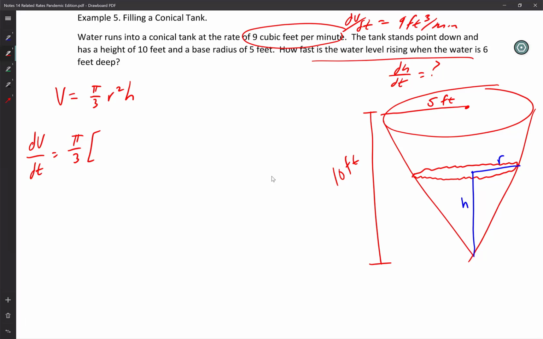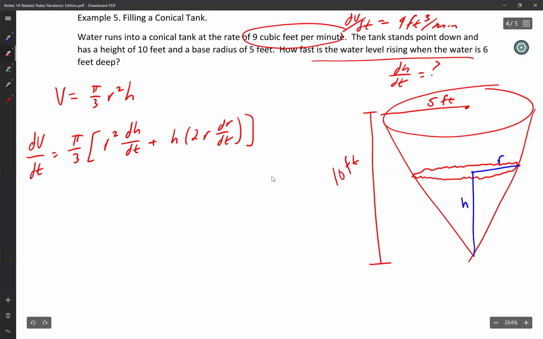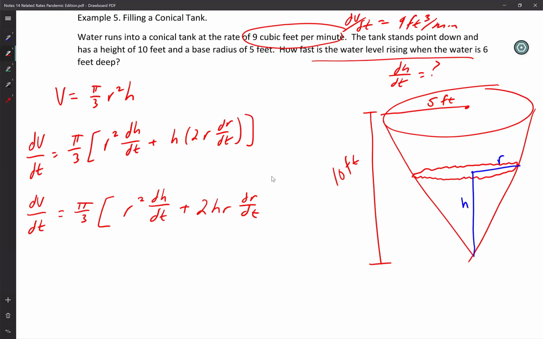You okay or no? First times derivative of the second plus second times derivative of the first. I'm going to fix it a little bit, guys. I was going to put 2RH, but I just decided to leave it as 2HR.